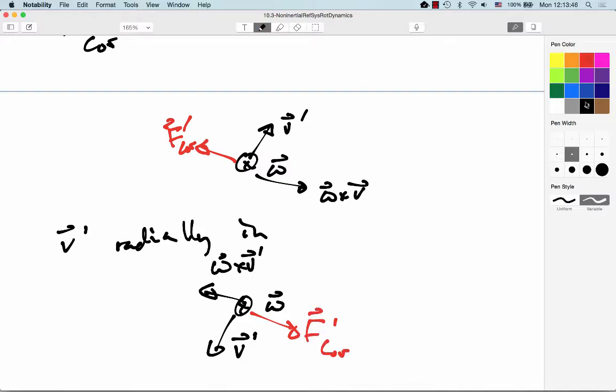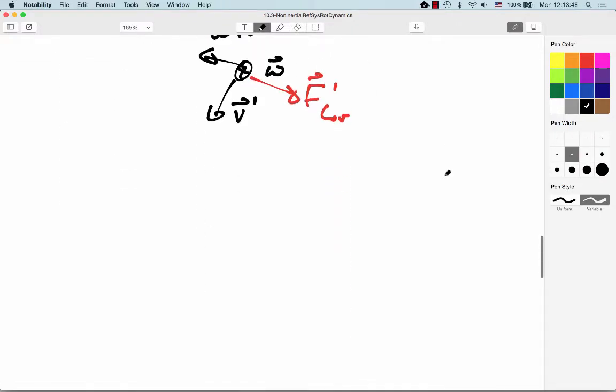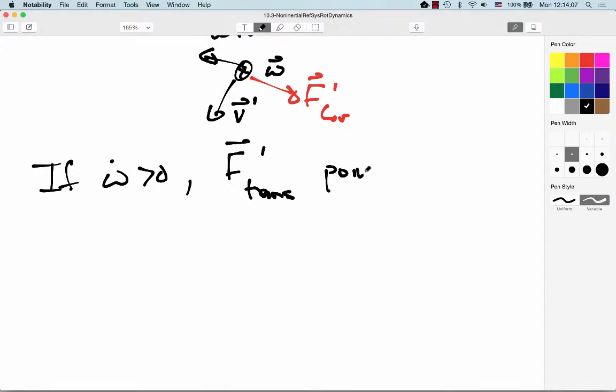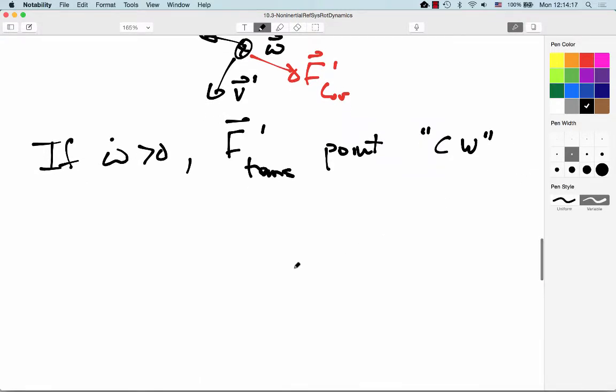So I think we can try to summarize this like so. If omega dot is positive, then we can say that the transverse force points, we'll say clockwise-y. Obviously it's pointing in a straight line, but it'll point in the clockwise type direction from that point.